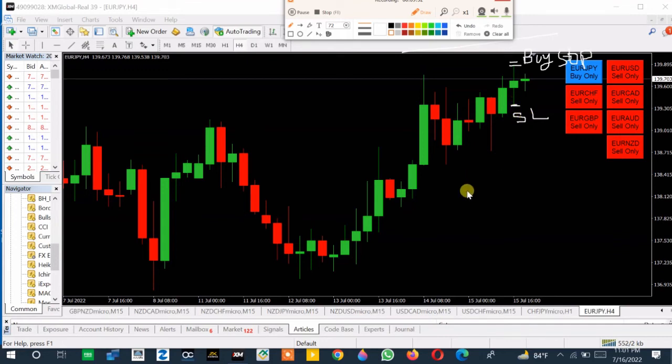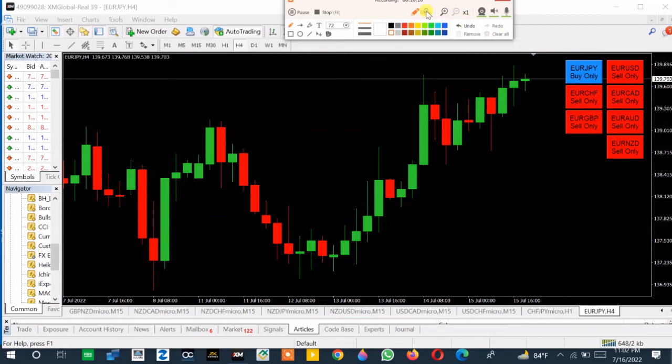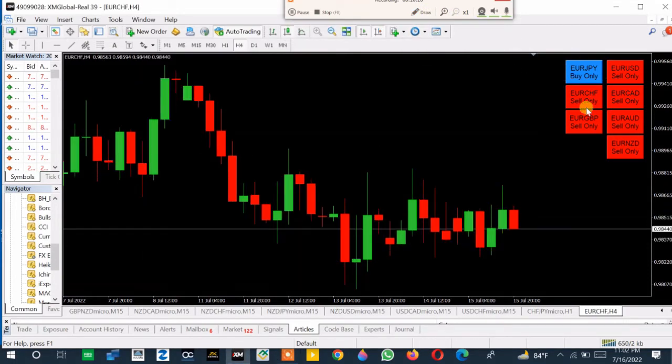Our target can be of two types: 2 to 3 times the stop loss, or the next resistance area. One pair is done, then we go to another pair, Euro CHF.